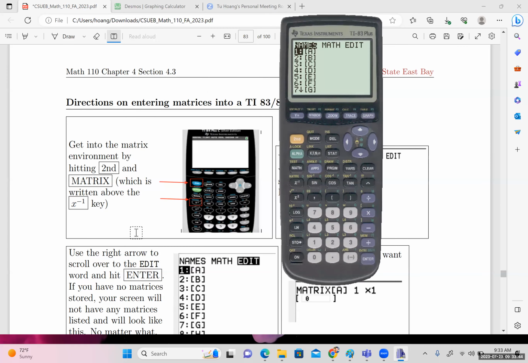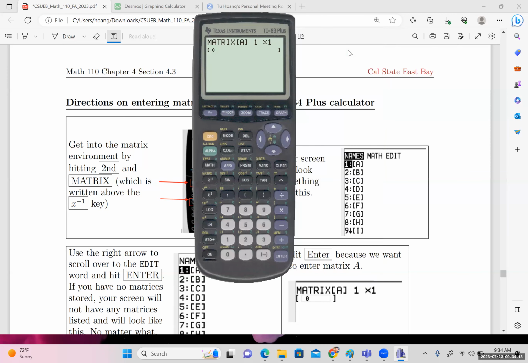You will use the right arrow to scroll over to edit, and you hit enter. After you get in here, you will have to change the dimension of the matrices.